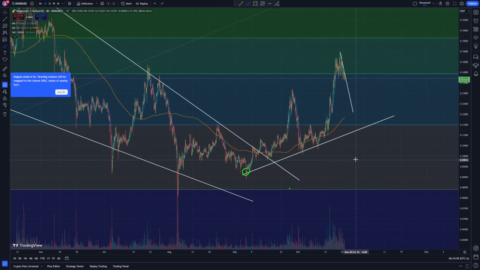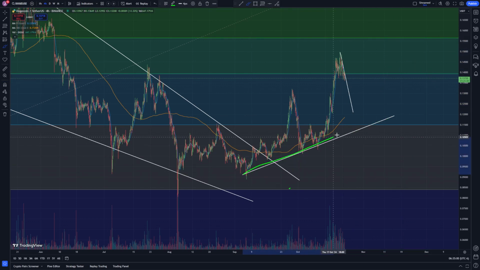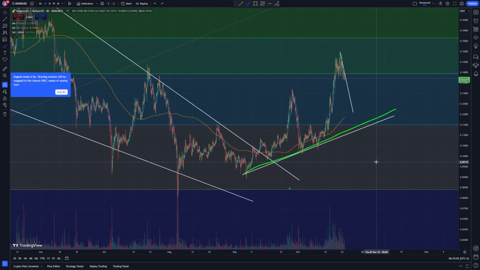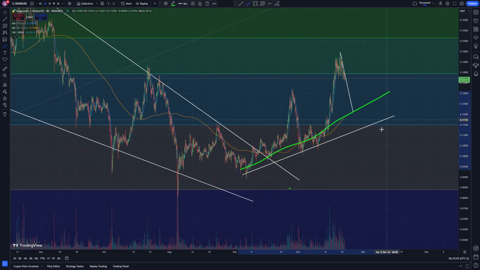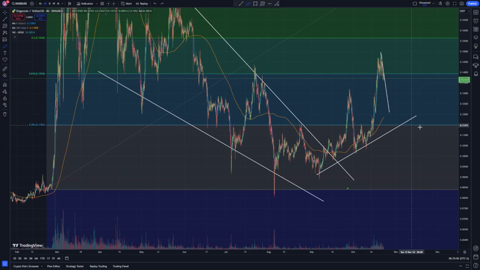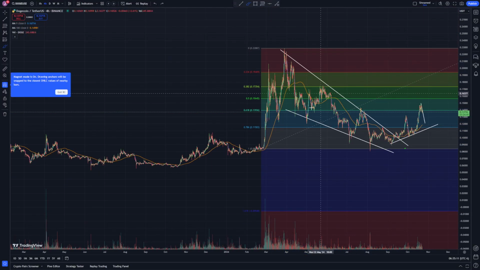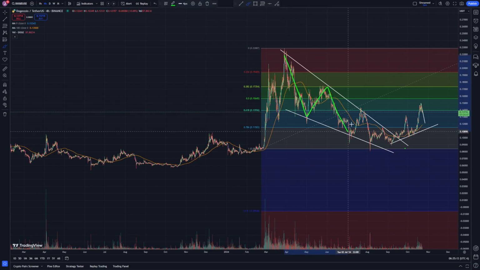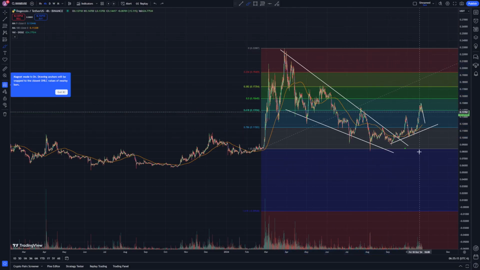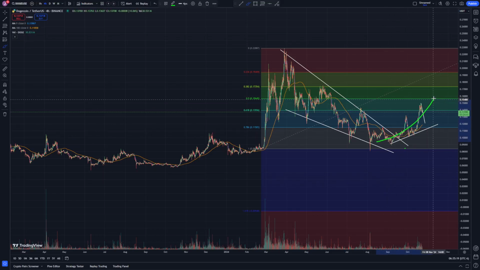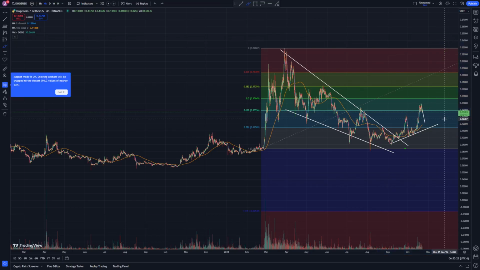So until we break this uptrend going to the downside, it's still technically in an uptrend, and we still can be in this channel pattern, or this falling wedge pattern, should I say? Boom, boom, breakout, then it still could be performing something like this, or even maybe like this. We have to wait and see.